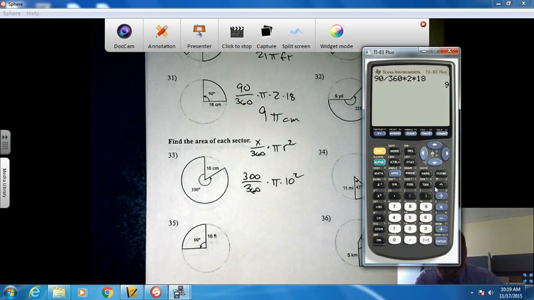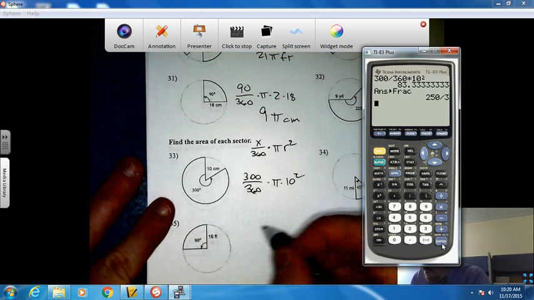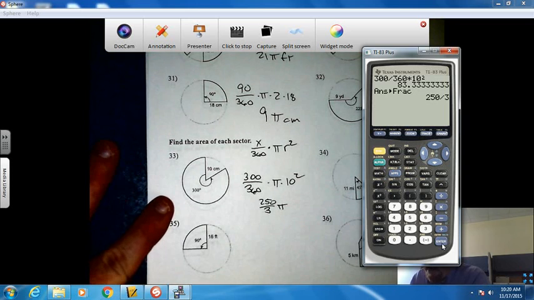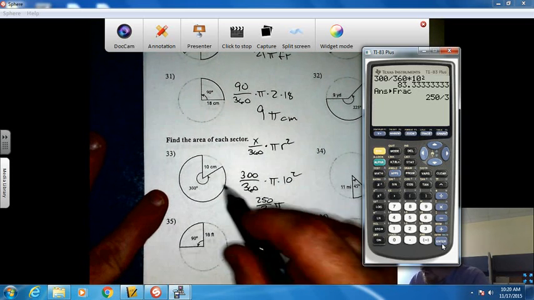So 300 divided by 360 times 10 squared. It's a fraction, so put my fraction button. And that gave me 250 over 3. And then pi, just leaving it as is. And because it's area, it's square centimeters.